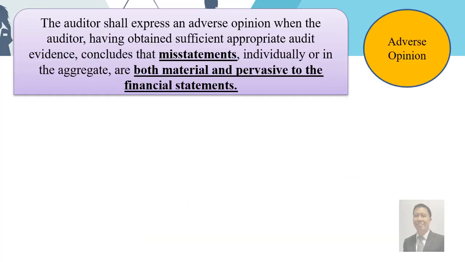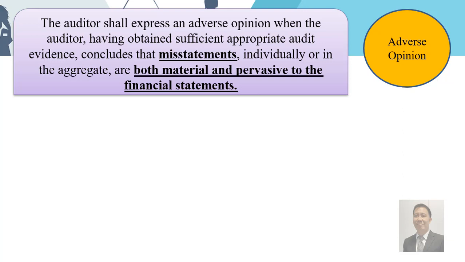Now, the next two types of opinion, we can call the extreme cases of modified opinion. The first one is what we call adverse opinion. In adverse opinion, the auditor had collected evidence with regards to misstatements, and that misstatement will be both material and pervasive to the financial statements.